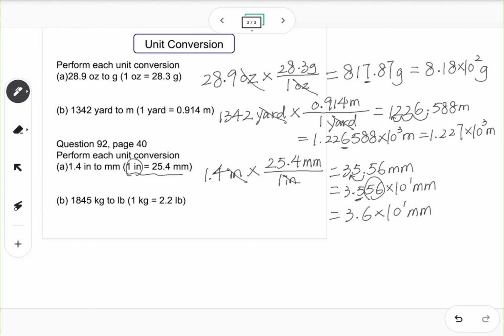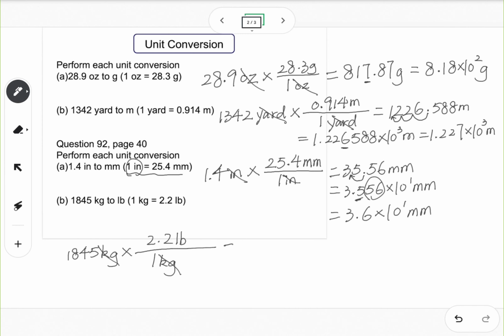Okay, the last one here, from kilogram to pounds, we do the same thing. 1845 kilogram times the unit conversion factor. We keep the 1 kilogram at the bottom, 2.2 pounds on the top, so we can cancel the kilogram and keep the pounds.